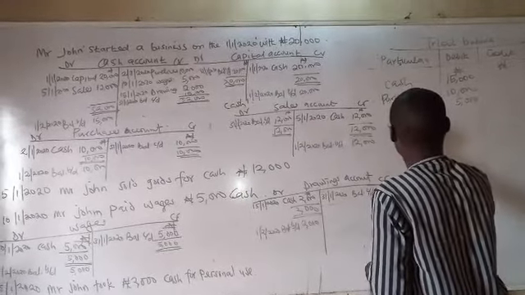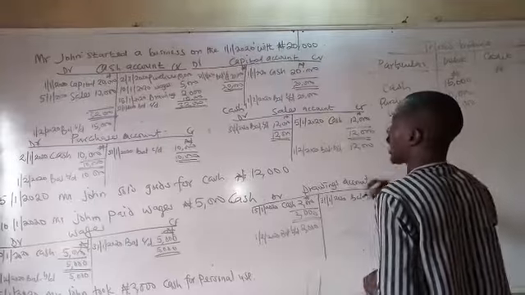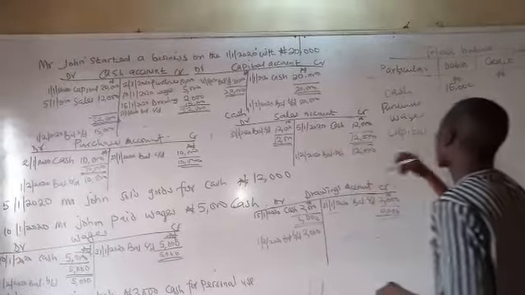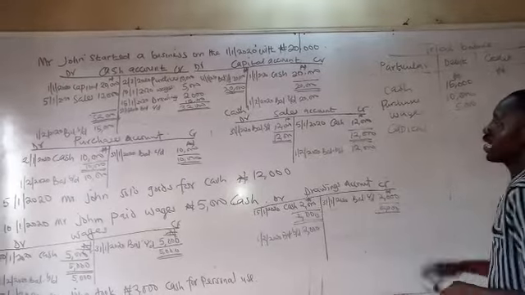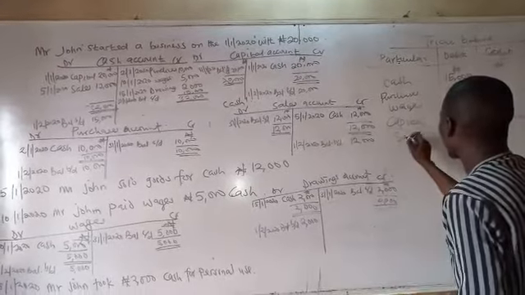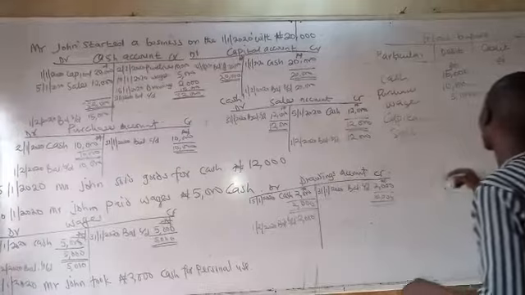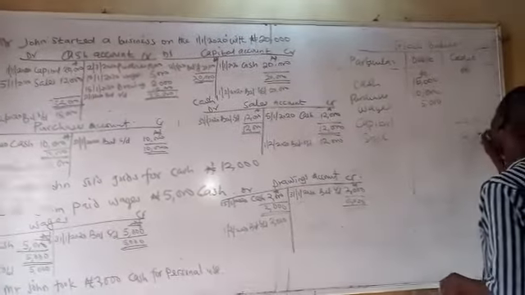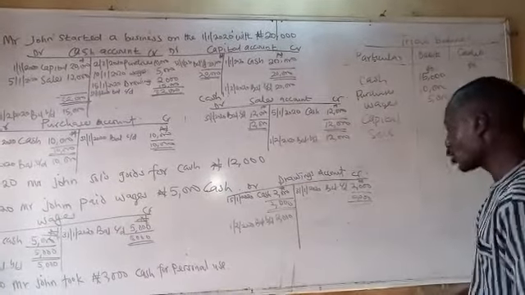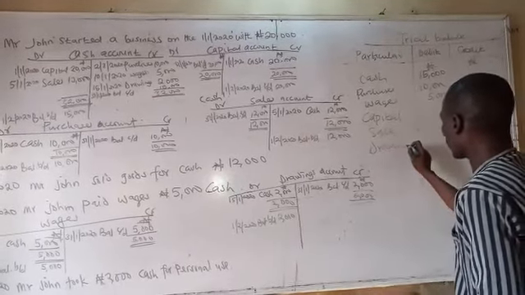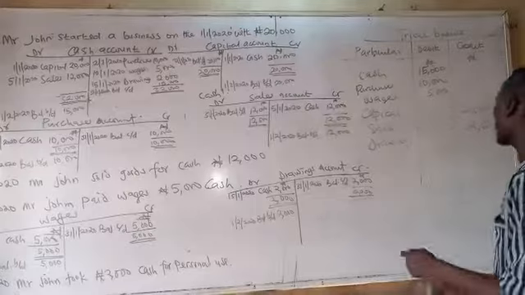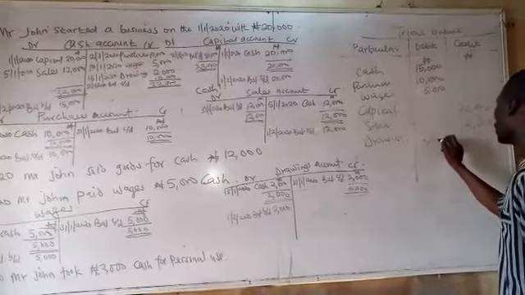Capital, a credit balance of what? 20,000 naira. Then sales, a credit balance of 12,000 naira. Then drawings, a debit balance of 2,000 naira.